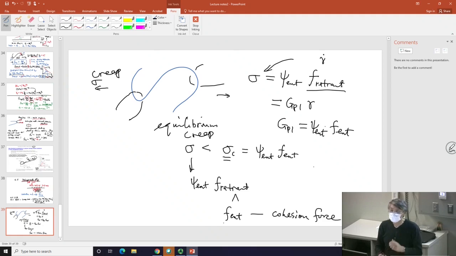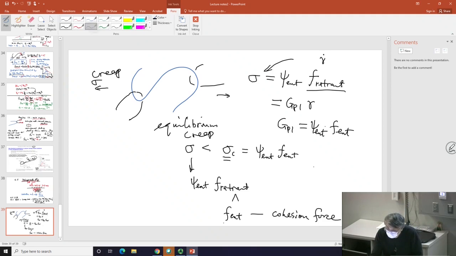So a crude way to understand the EDT is indeed, again, through, or not again, it indeed requires you to understand what is the cohesion force. I can say it in reverse.